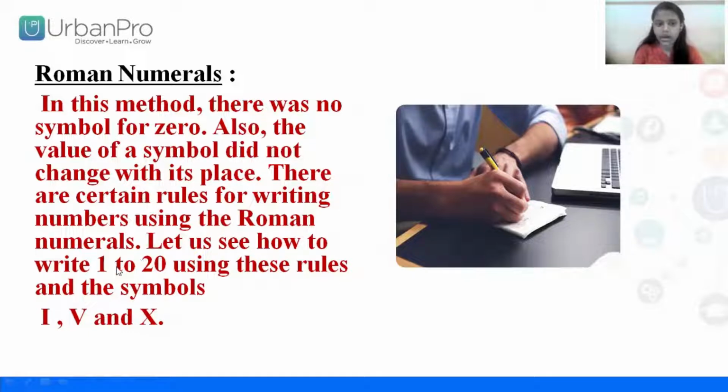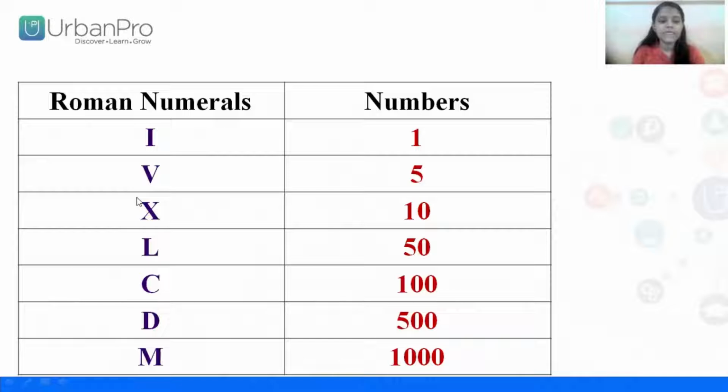In this video, I'll be concentrating on Roman numerals from 1 to 20, using symbols like I, V, and X. Now we can see what all these symbols represent. Here I have given some Roman numerals along with their numbers. I is nothing but 1.